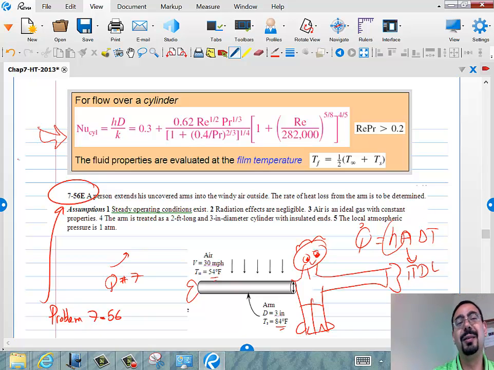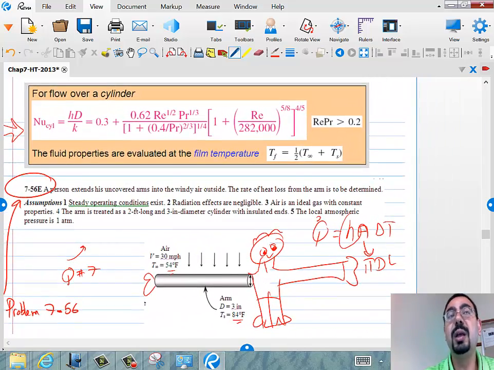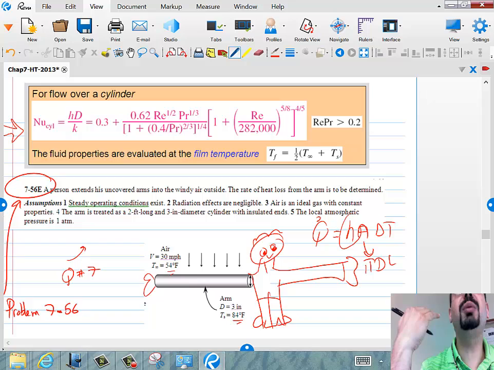Yeah, this one. This is a flow over cylinder, but now we have to check the recipe. So the recipe says the fluid properties are evaluated, remember at the sphere, the formula for the sphere was everything was at T infinity except for the mu s. This time he said the properties are at T film. So we basically say 54 plus 84 over 2, that's the T film.